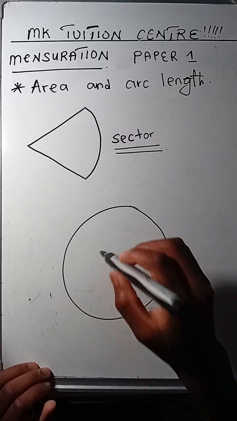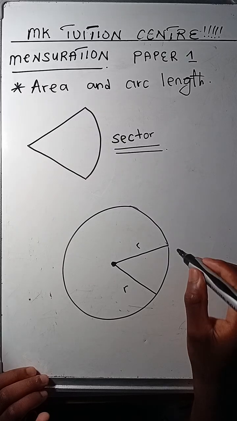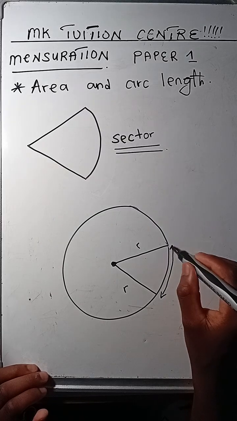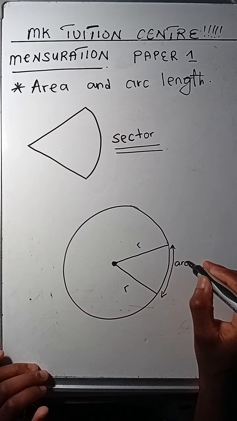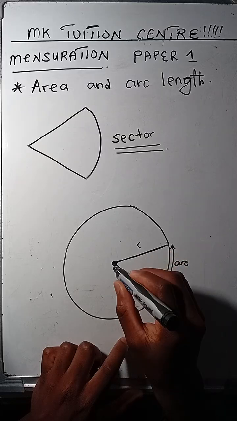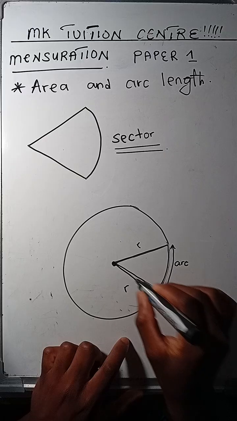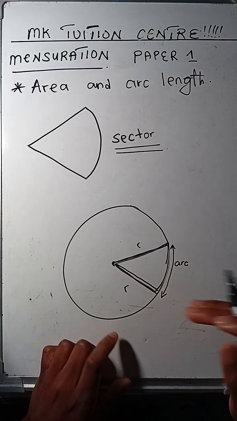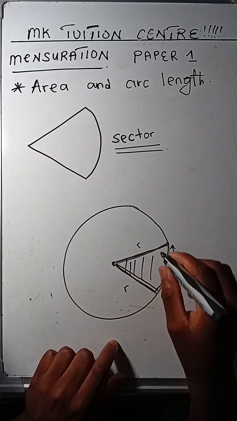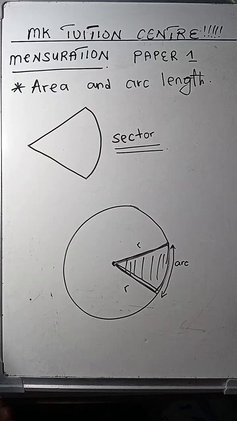And when we get another radius to the circumference, we have this part of the circumference. This is called an arc. Now, if we get this radius and this radius, we just cut this part. Now this entire part, which is made by two radii and the arc, is called a sector. So now this part is the one we have here.